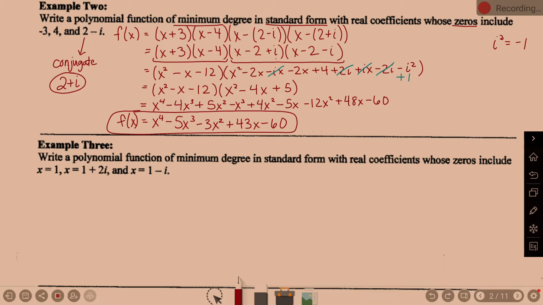Because we talked about i being the square root of negative 1. And so when you square the square root of negative 1, i squared is negative 1. And so if we're doing minus i squared, that's the minus of negative 1. And so minus a negative 1, which is plus 1.